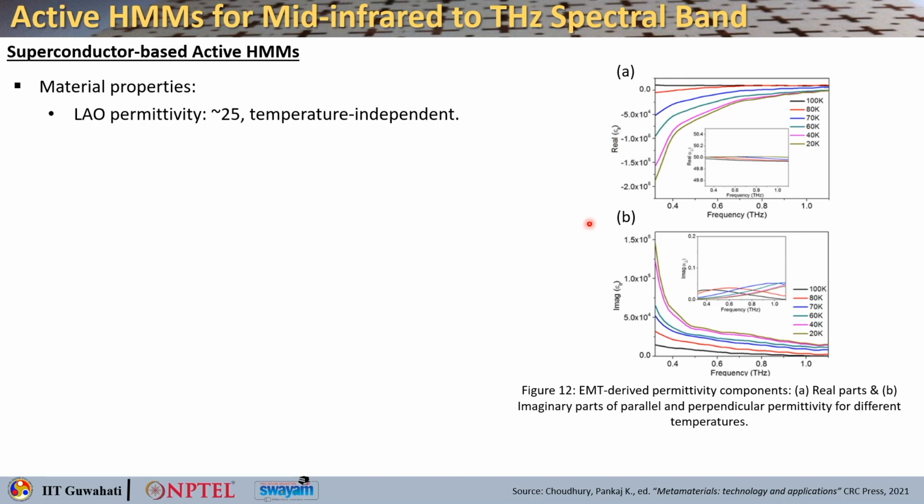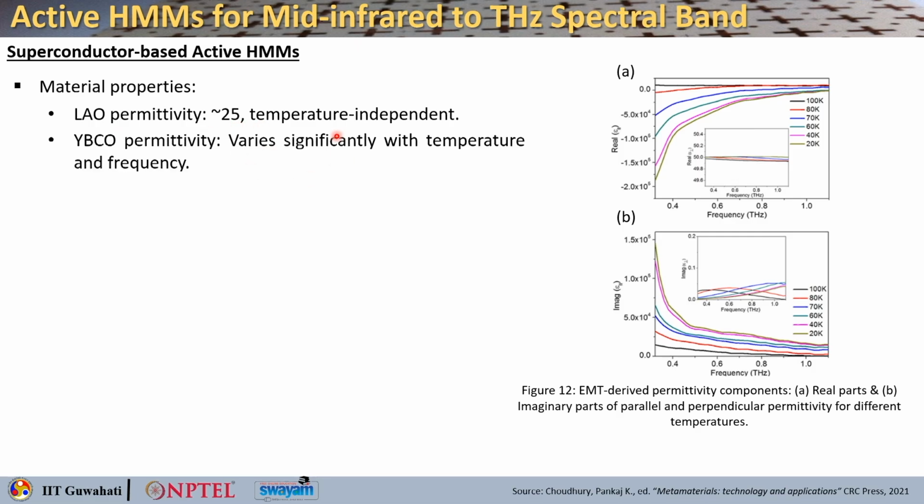So, here you can see that these are the effective medium theory derived permittivity components. The A tells you about the real part and B tells you about the imaginary part at different temperatures. Okay. So, this is for the overall material, but in doing this calculation, you also need to take care of the constituent material permittivity. So, here LAO permittivity is considered to be around 25 and it is temperature independent. So, it is flat. Okay.